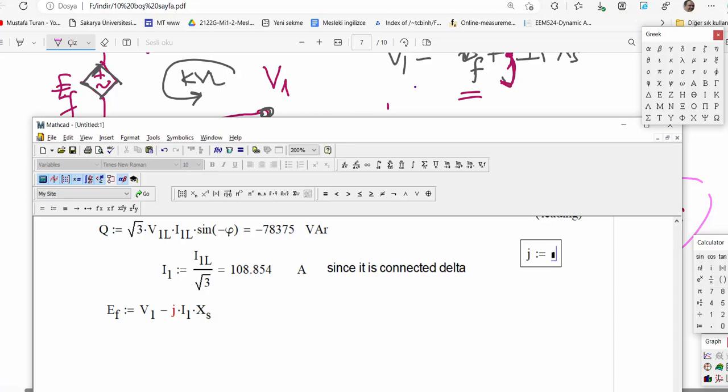It is a complex parameter having a value of square root of -1. But Houston, you know I1 is 108.